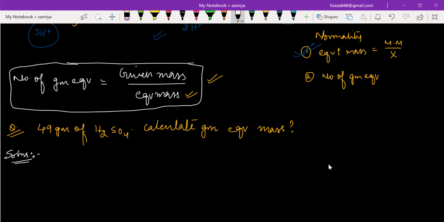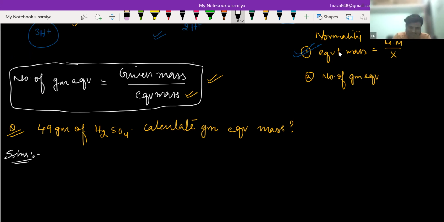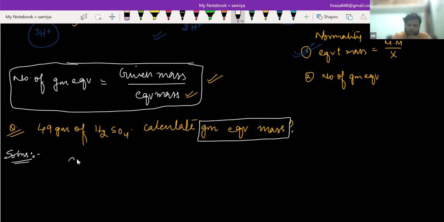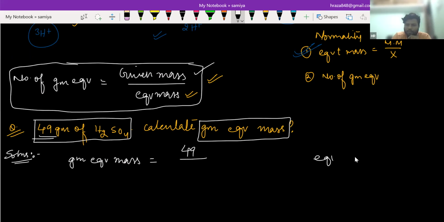So is it 1? One. Samia, Rim, your answer. See, we need to calculate gram equivalent mass, which has a formula. Given mass, that is 49 gram, upon equivalent mass. How to calculate equivalent mass? Equivalent mass of H2SO4 has a formula, molar mass upon X. Molar mass of H2SO4 you can easily calculate, it will be 98. And X is very important.